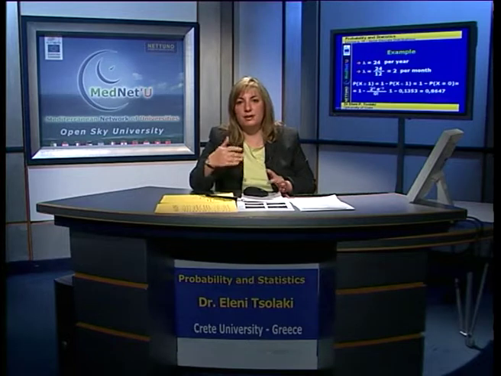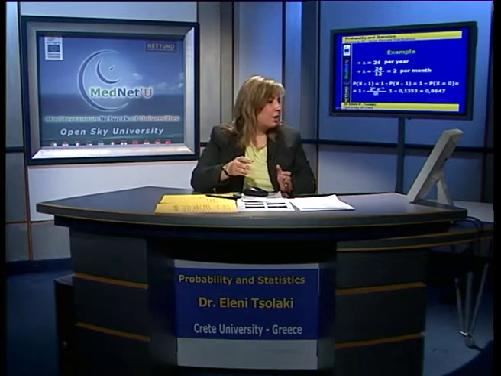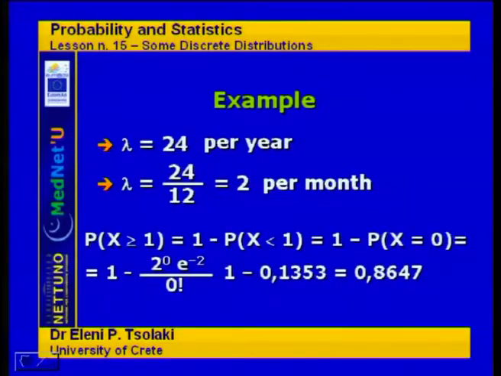So it is much easier if we write it as 1 minus the probability of x less than 1. And that is 1 minus the probability of x equals 0.